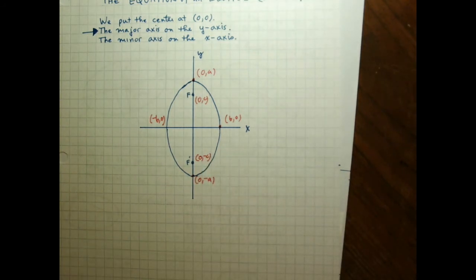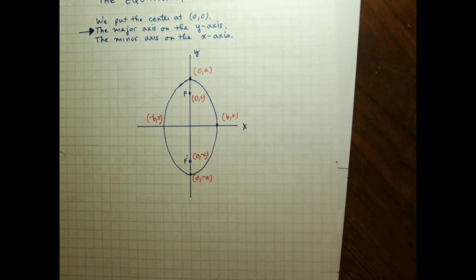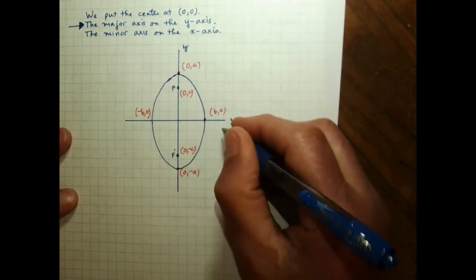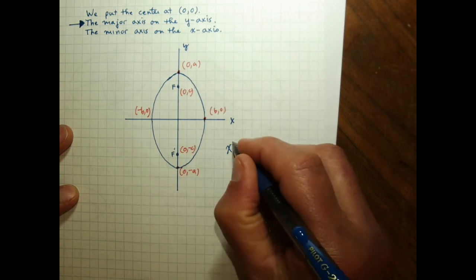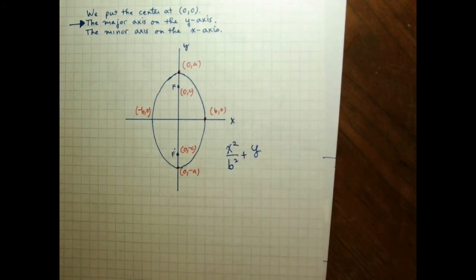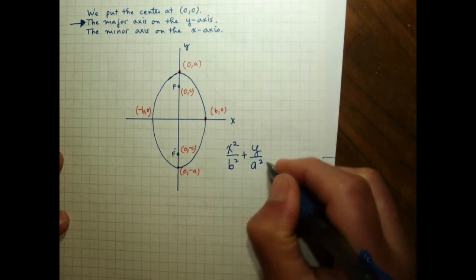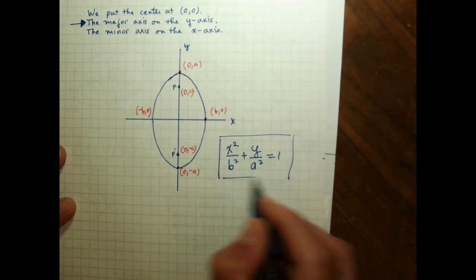The only other thing we've got to say here is that the form of the equation we're going to get in this way is x squared over b squared plus y squared over a squared equals 1, which looks almost the same as what we came up with before.